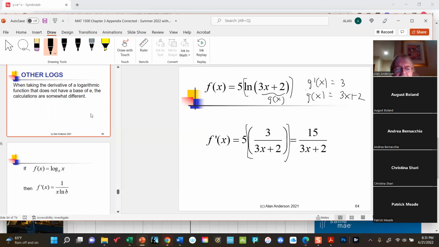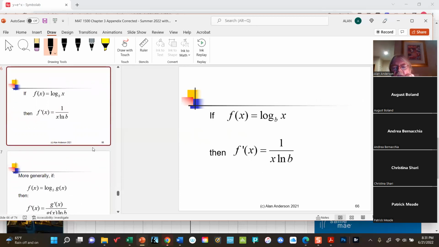Okay, so here's the first one. Imagine we have f of x is not the natural log of x, but the log to base b of x. Just to remind you, for the natural log the first derivative is 1 over x. Here, it's similar looking, but instead of 1 over x, we need 1 over x times the natural log of this base b.